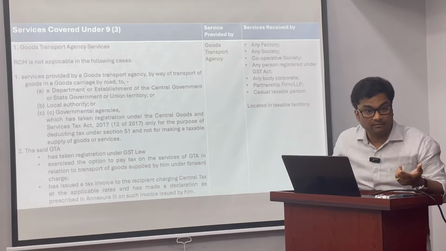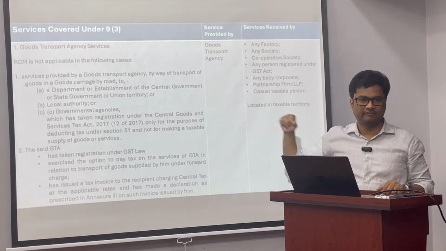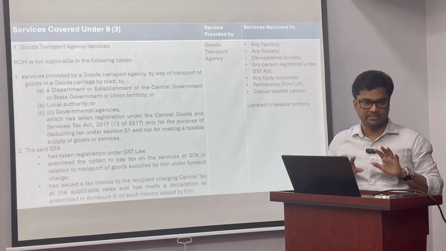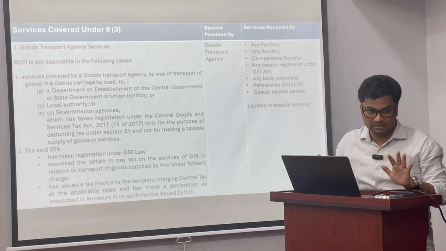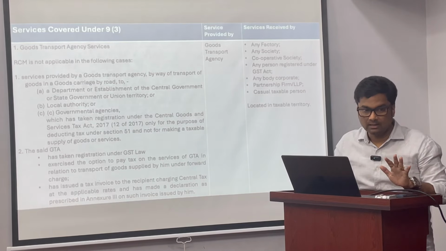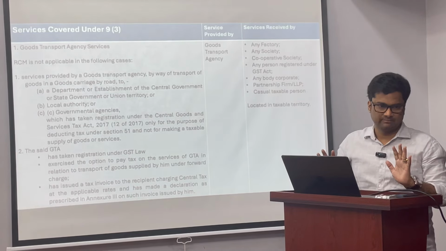If they want to make TDS, they have to register under section 51. They registered, but still RCM is not applicable.